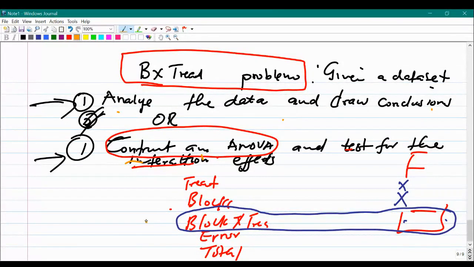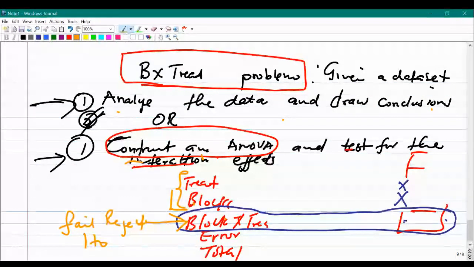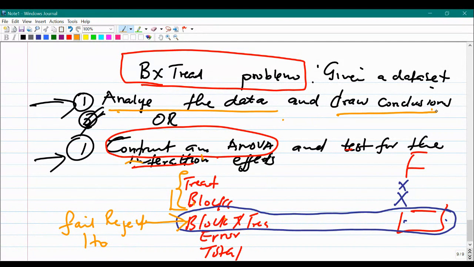If you're analyzing this data, you know the first step, you must start with what? You must start with the interaction. If you fail to reject H0, it means you must move to what? You must move to the other two, isn't it, guys? Because the question says analyze the data and draw conclusions.